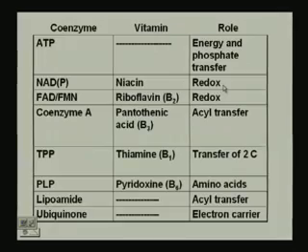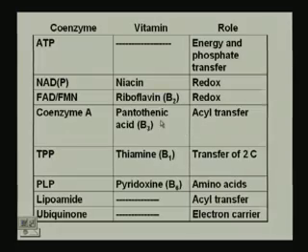So, redox reactions are usually accomplished by NAD and FAD or FMN. Considering the type of reaction involved, each of these vitamins that form the coenzymes has a specific role to play in the biological processes that actually go on.